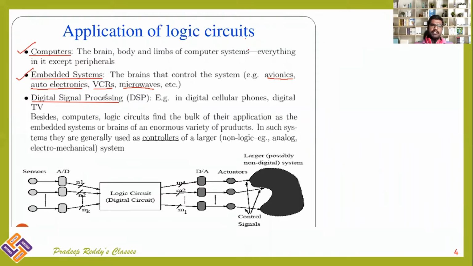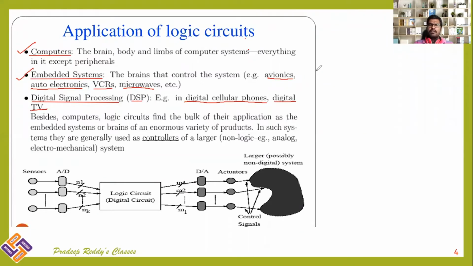And digital signal processing, which is denoted as DSP, is present in digital cellular phones and digital TVs. Now we have digital TV, LED, LCD, and many TVs, LG, like Flatrons, and you are able to see tabs.